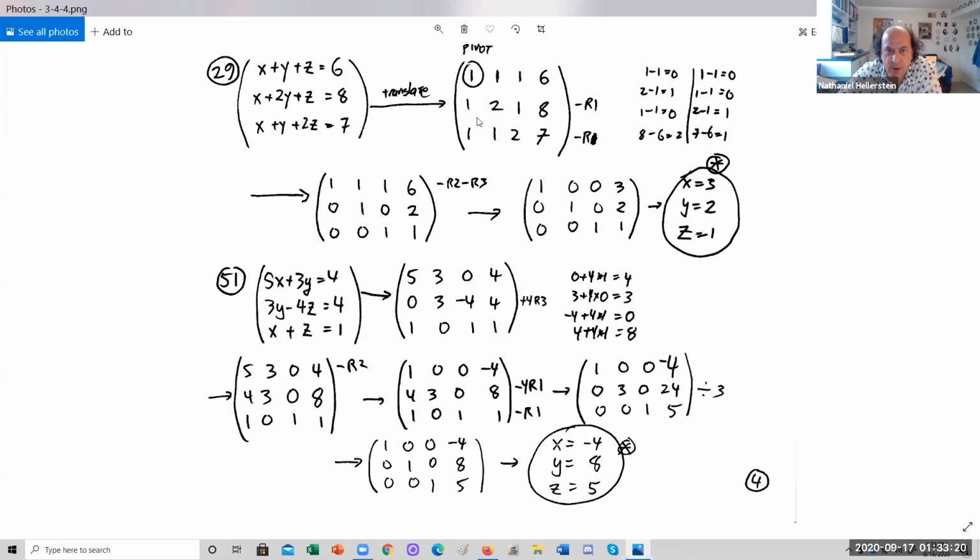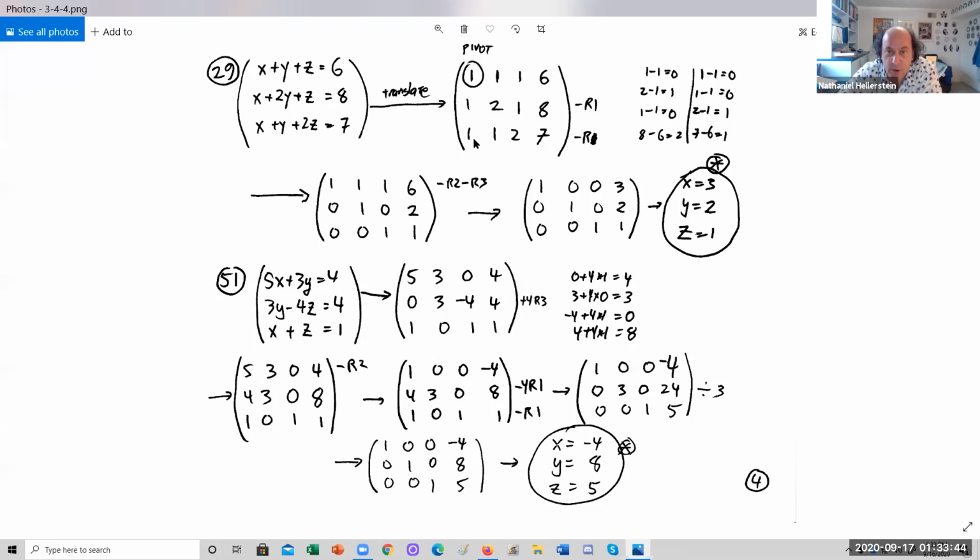All right, so first row, just put it back, 1 1 1 6. The second row, let's see, 1 minus 1, that's a 0, so put a 0 there. 2 minus 1, that's a 1, so we put a 1 there. 1 minus 1 is a 0, so we put a 0 there. And 8 minus 6 is a 2, so we put a 2 there. Already we can see that y will equal 2.